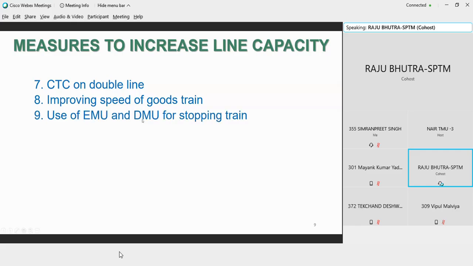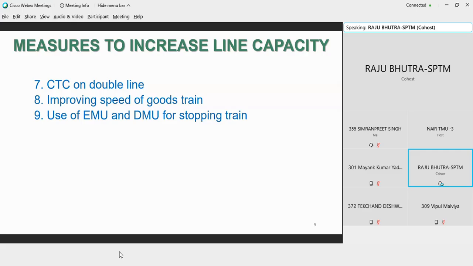Then use of EMU and DMU for stopping trains. For the passenger trains which are stopping at almost all these stations, if we use EMU and DMU, they have very high acceleration and deceleration. So they take very less time to achieve the maximum permissible speed, and they also take very less time to come to halt at any station.